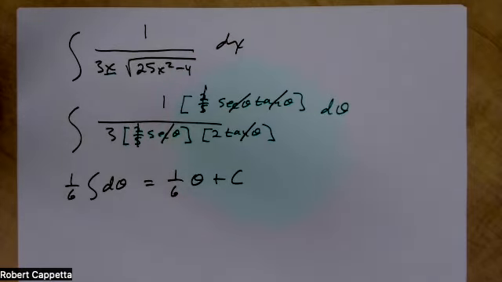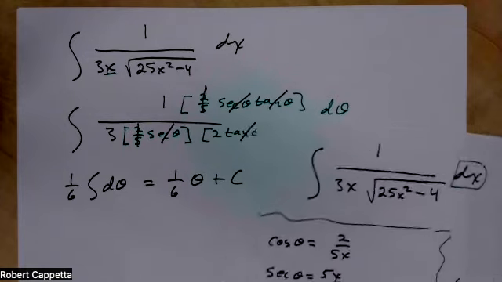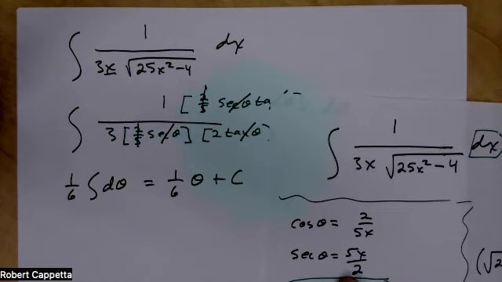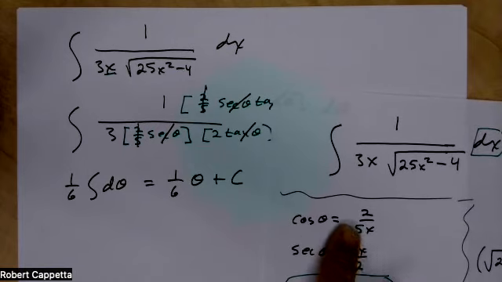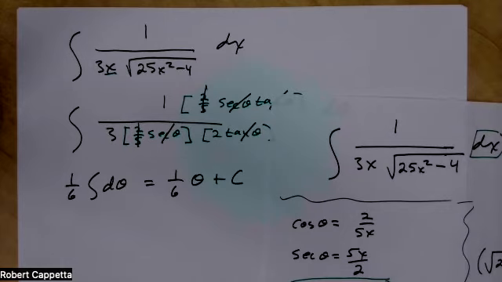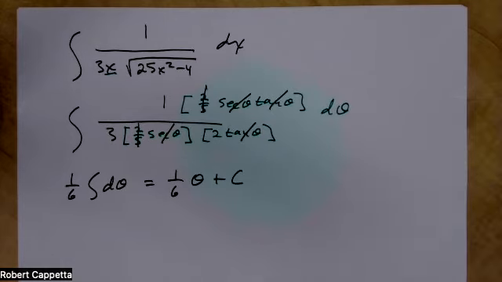Now, what is theta? If we go back to our first page, we said sec theta was 5x over 2. Yes, cos theta is 2 over 5x. You could say inverse cosine, but we typically stay away from the cofunctions. Sec of theta was 5x over 2 is what we had said. Let's write that down.